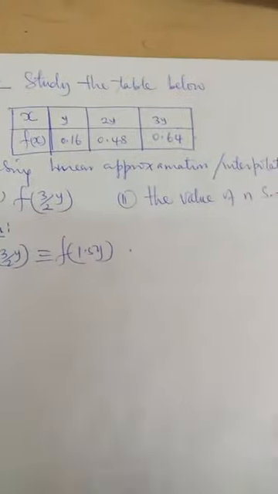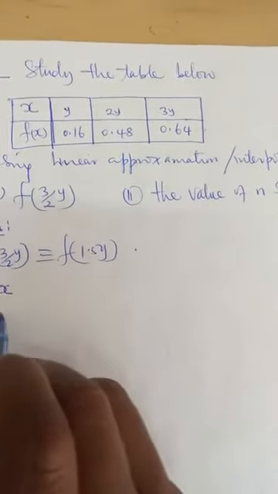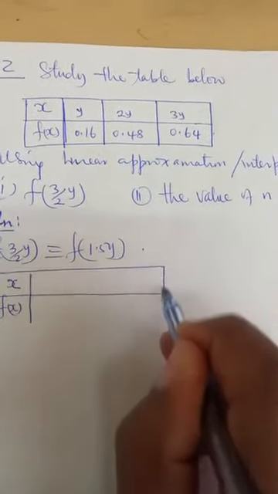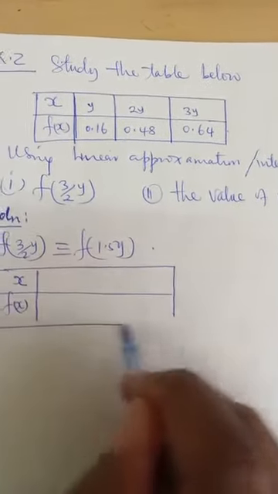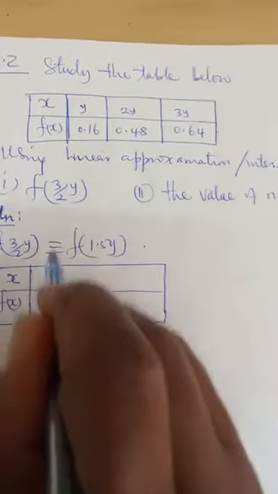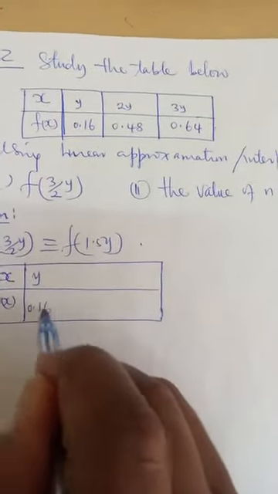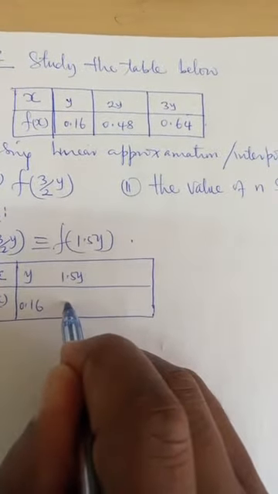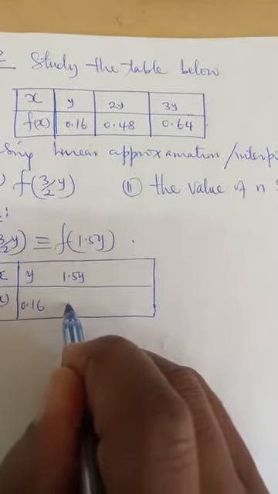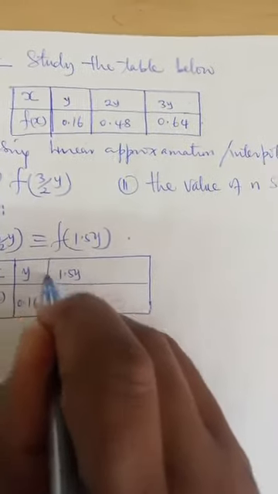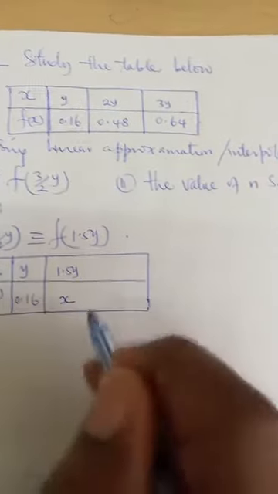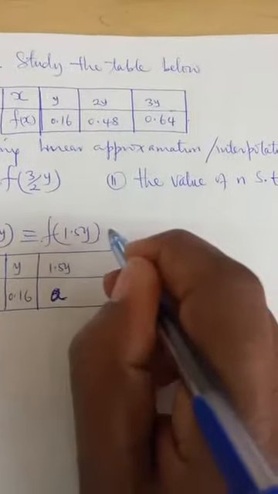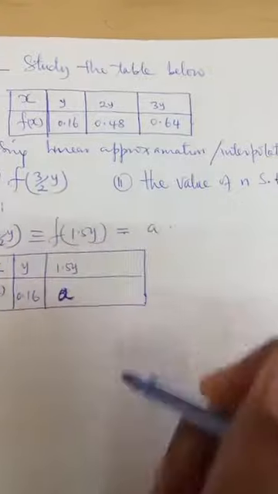So my x and f of x will allow me to capture the first value and then put our 1.5y here, and the value we want will be the value here. Since we have x already, let me call it a.